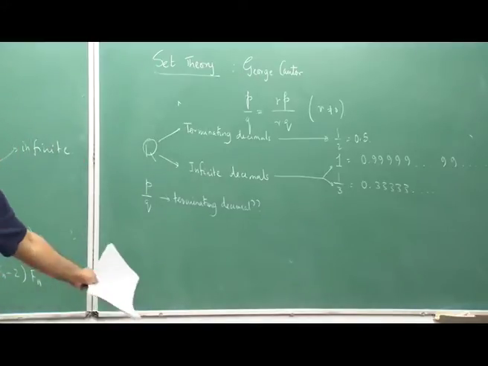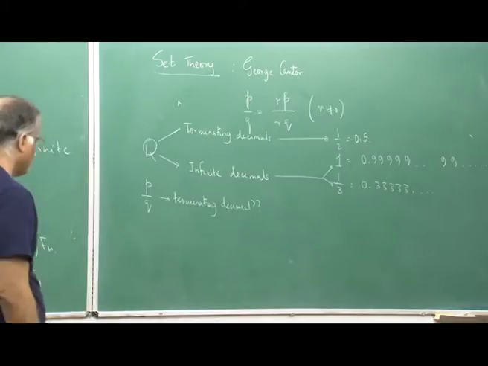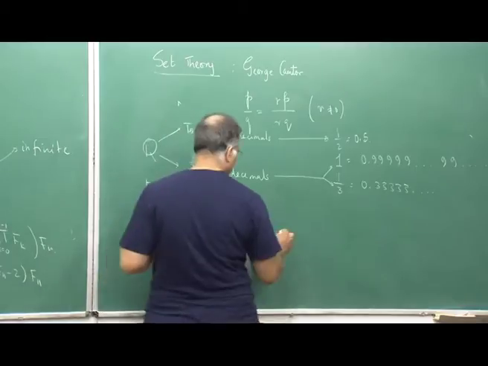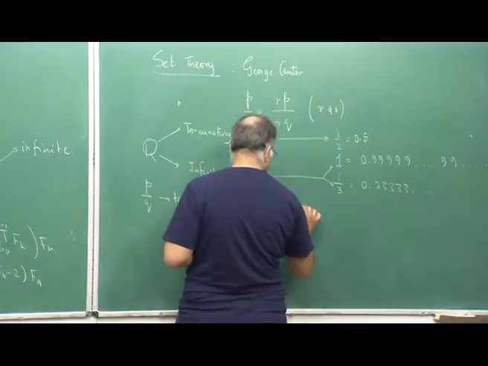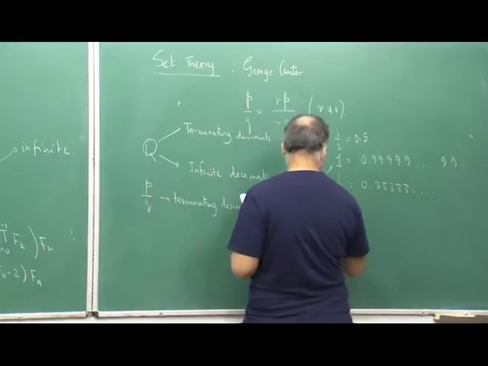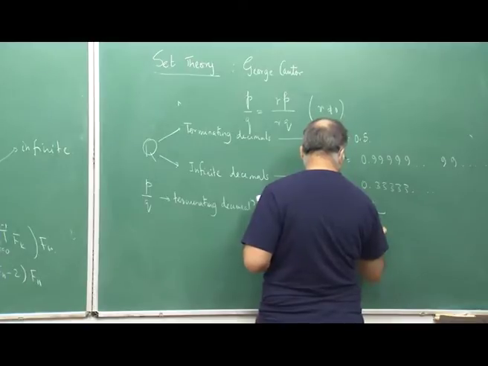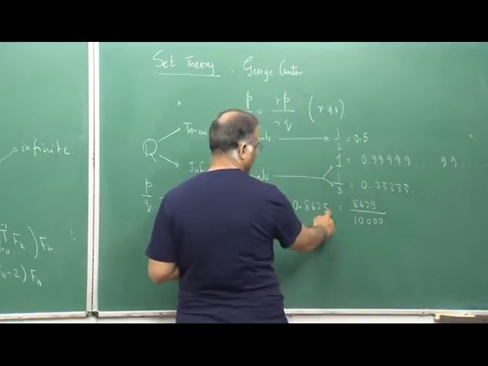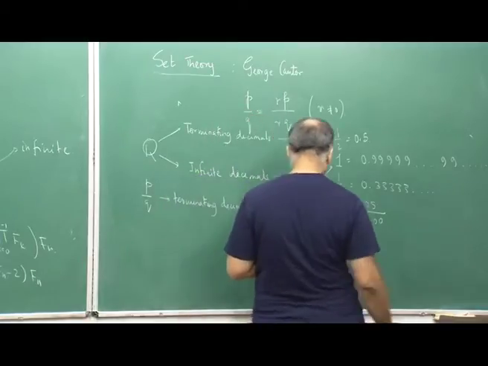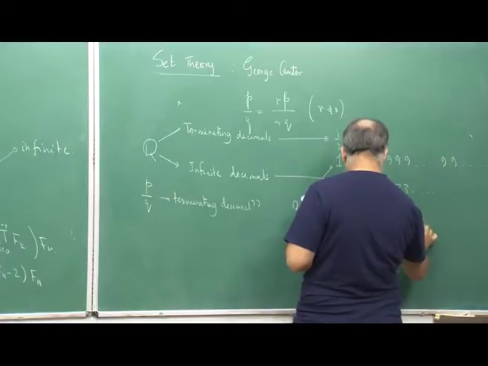Consider this example. This is nothing but 8625, as you have learnt in school, divided by 10,000. Those are 4 digits, so after 1 you put 4 zeros, and this is the same as 69 by 80.